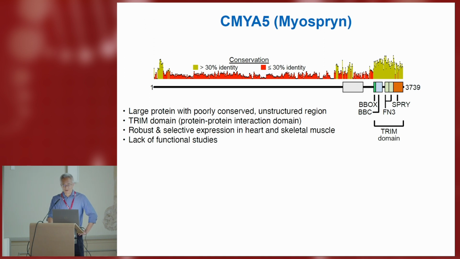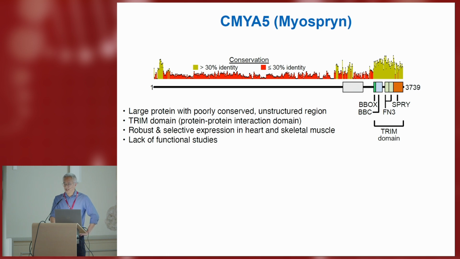So probably most of you have not heard of this protein. It's also known as myospryn. It's a very large protein, almost 4,000 amino acids. It has this highly conserved TRIM domain on the C-terminus. Most of it is poorly conserved and unstructured, and then it has a conserved N-terminus.